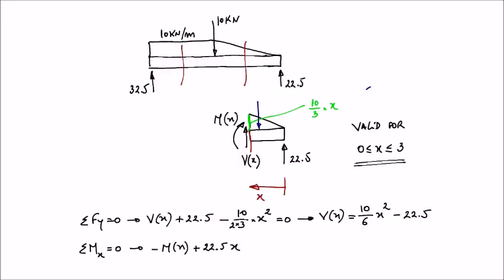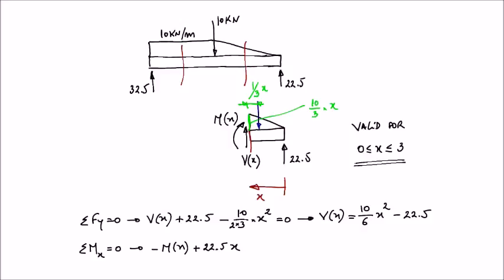This equivalent force acting in the centroid, and this distance here from here to here, this distance is 1/3 of x, is the location of the centroid of the triangle.